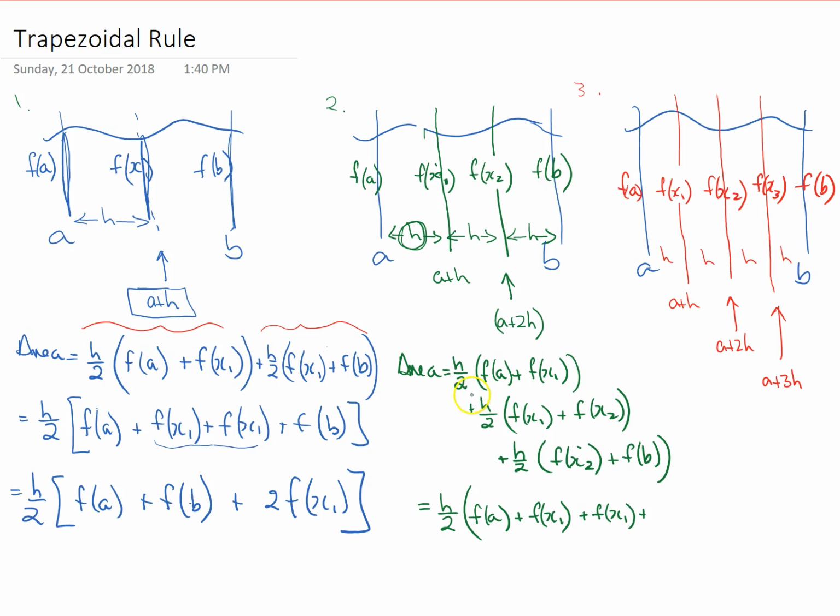So we've got f of b. Setting them up now, you can see 1 trapezium, 2 trapeziums, 3 trapeziums. Now, taking h on 2 out, just as I did there, I'd have f of a, f of x1, then f of x1 plus f of x2, and then f of x2 plus f of b.